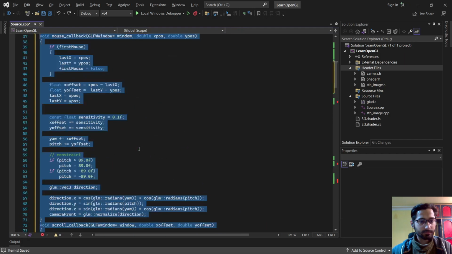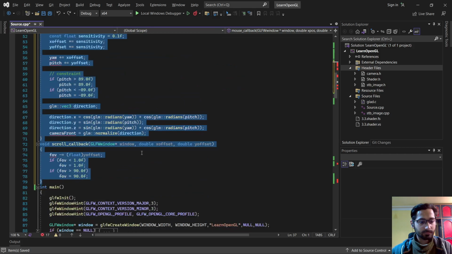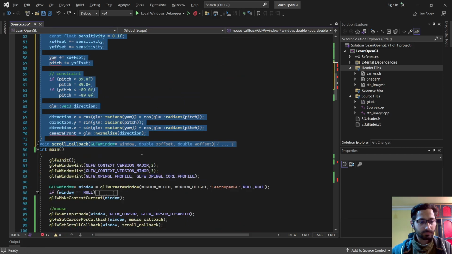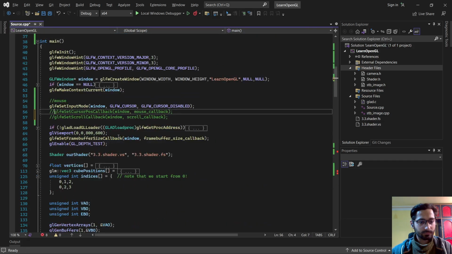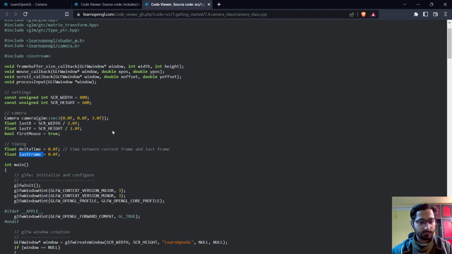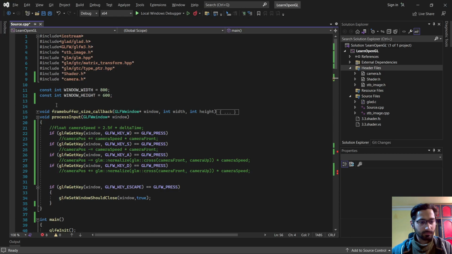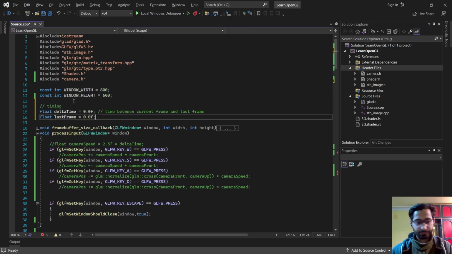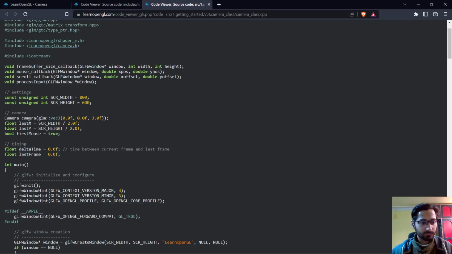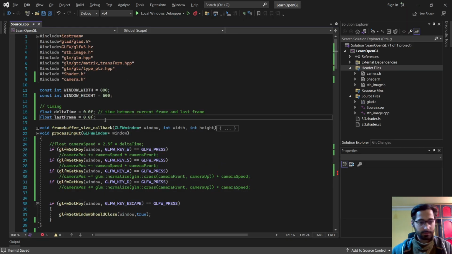Cool. And we're going to create a camera object, passing it the position of the camera. The last X, last Y, and first move are still going to be here.